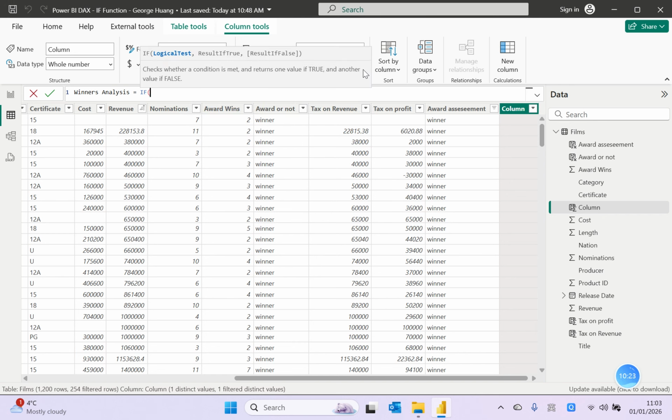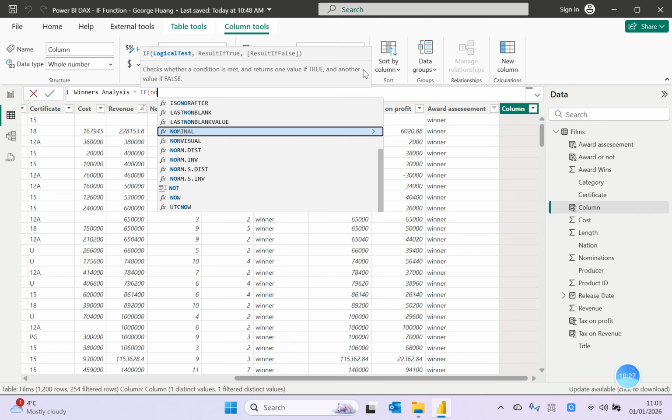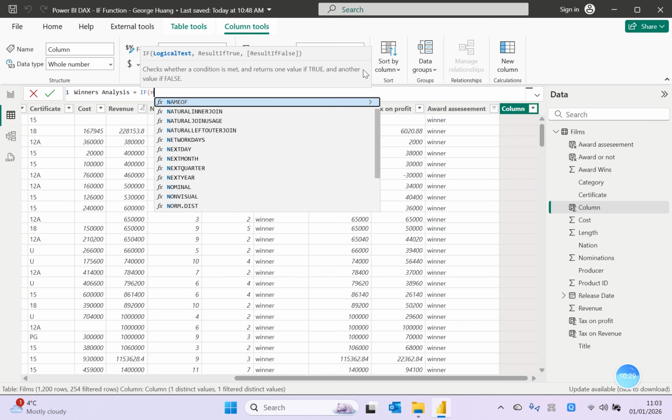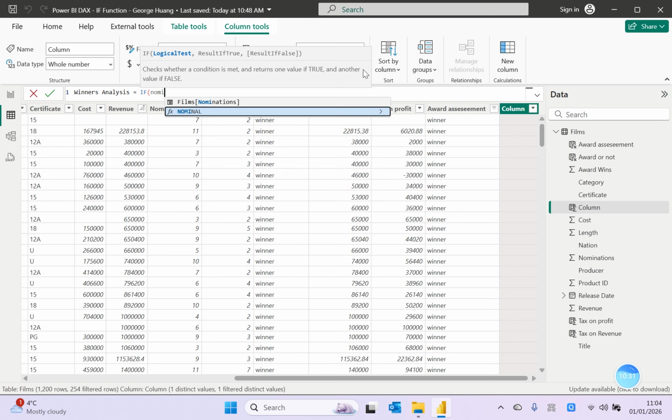Still starting from the nominations, because nomination is the precondition. If the nominations is 0, we still call it a no nomination.